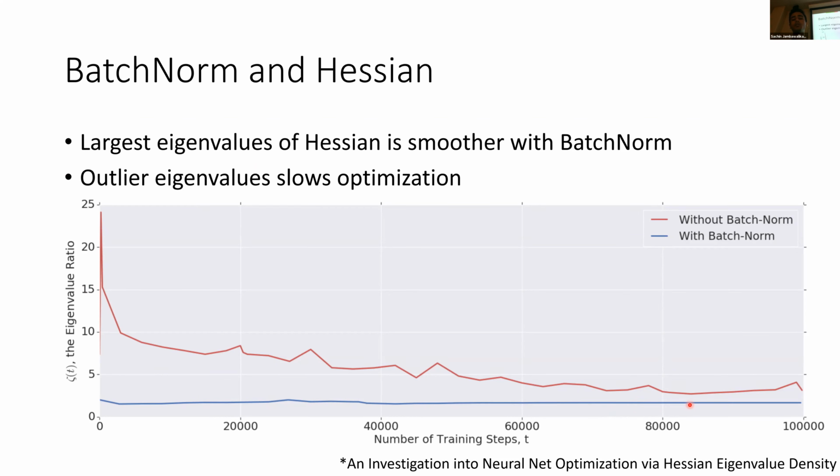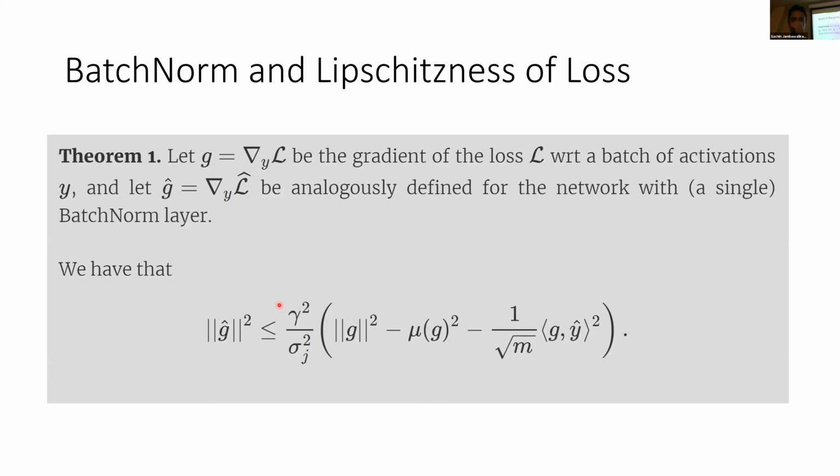It's a constantly stable ratio, so it has a similar ratio between different eigenvalues in the same Hessian matrix. This is one of the theorems from this paper where they prove that the gradient update with batch norm is always less than or equal to the gradient update without batch norm.